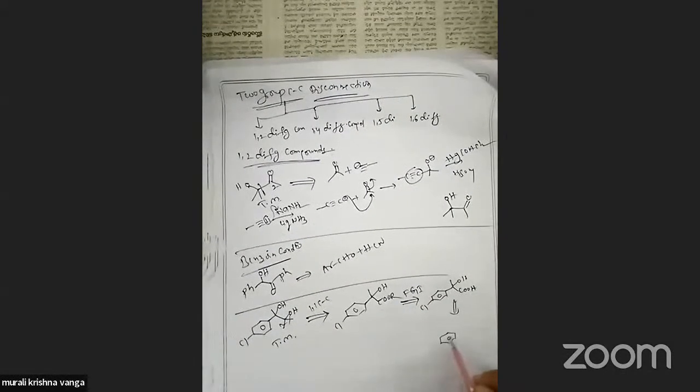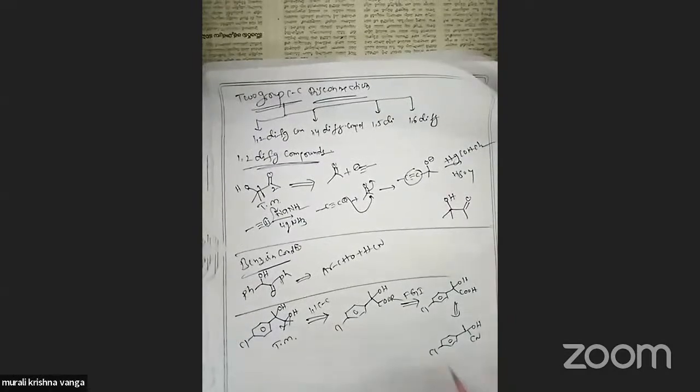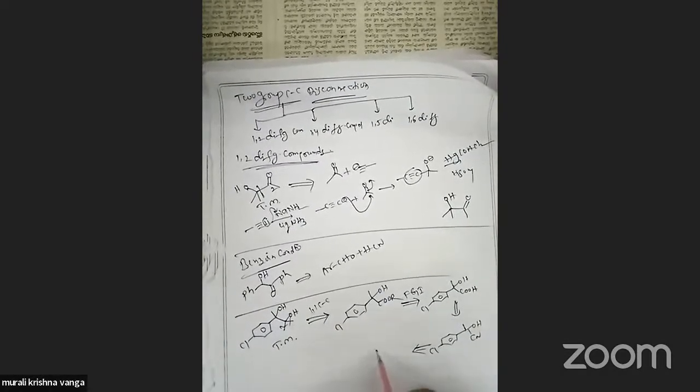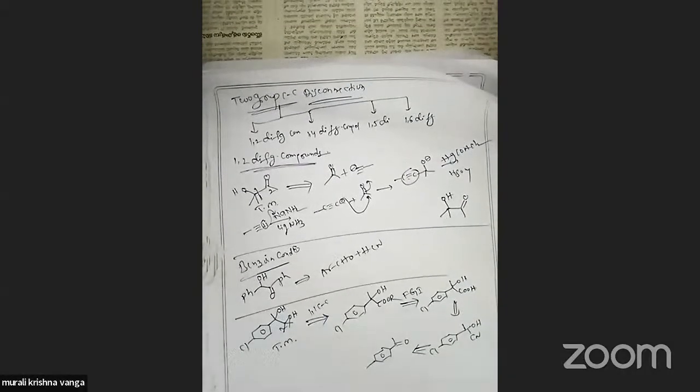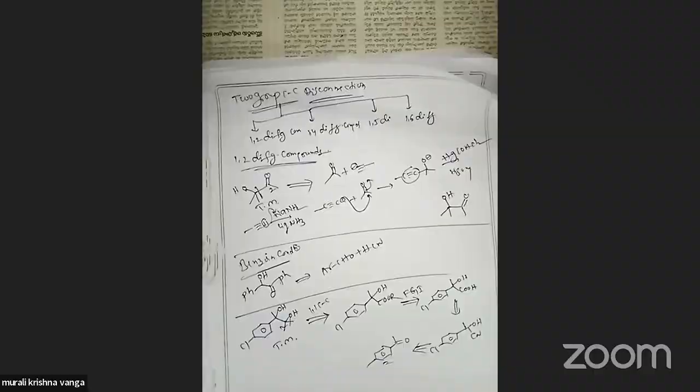Now we already know acids are obtained from cyano groups, and this carbon is converted to a carbonyl compound. Carbonyl compound.